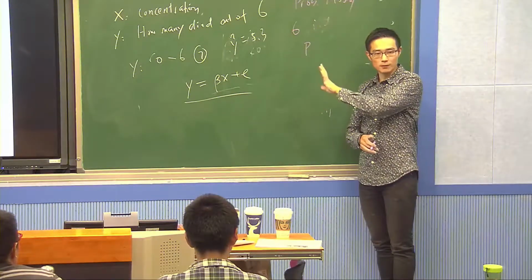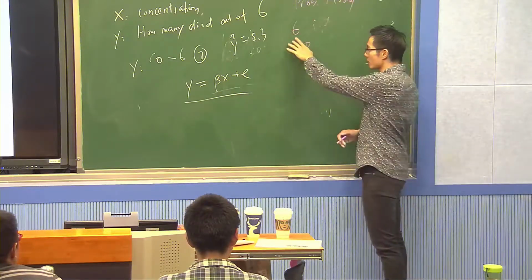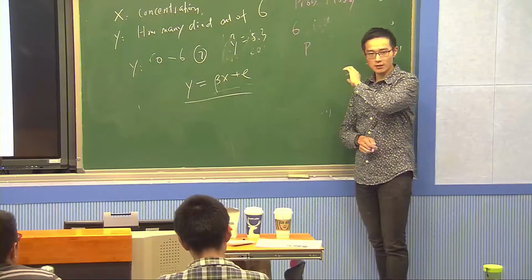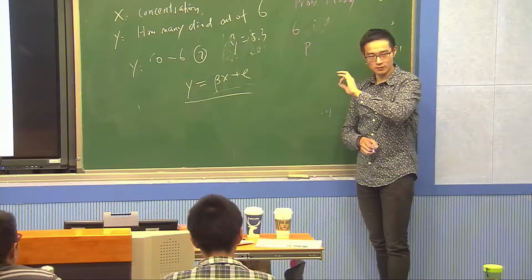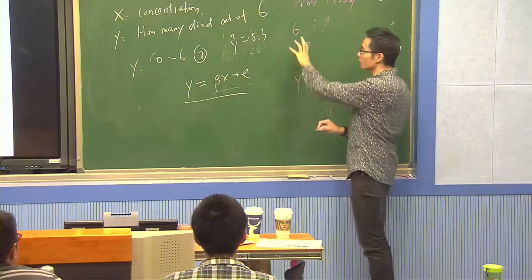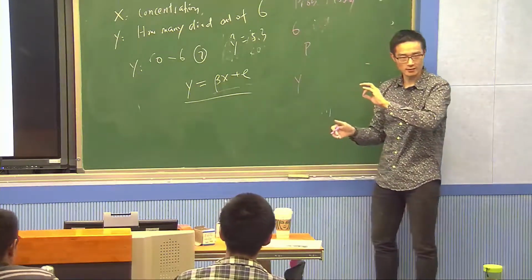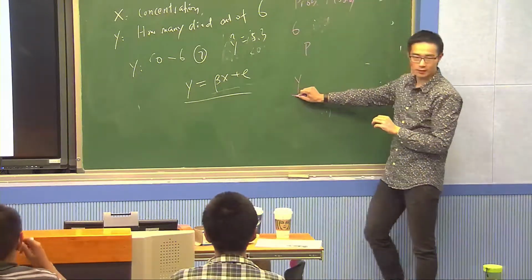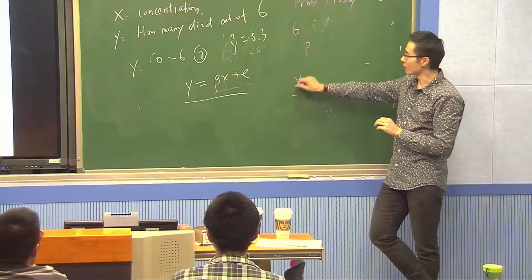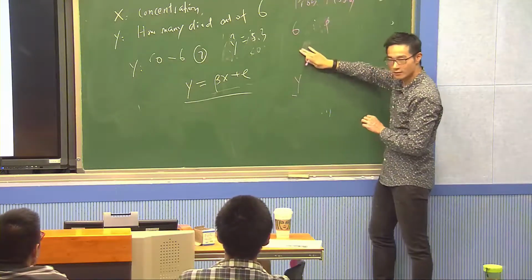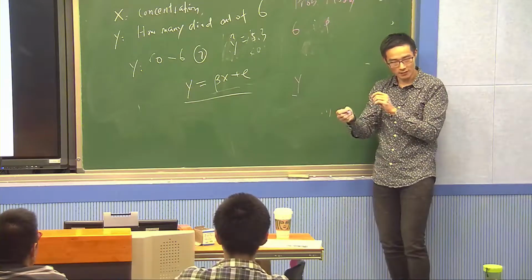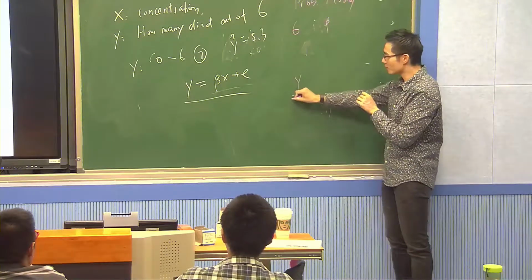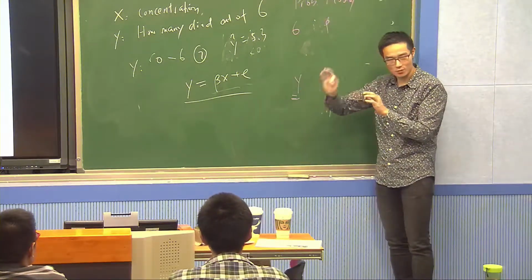I do not know this probability, but suppose each animal has a probability P of dying. Then let Y be the total number of animals that die in the end. What is the distribution of Y?